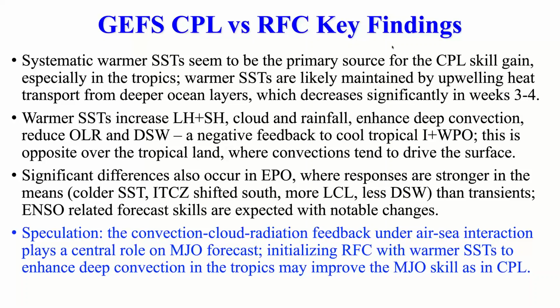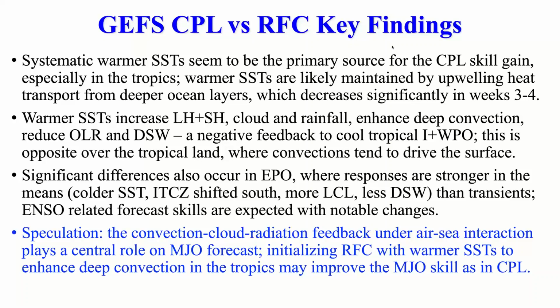However, in the changing part, like the correlation portion, the weekly correlation portion is relatively weak. So changes related to the forecast skill are expected with notable change. This is my guess, but we could do that analysis later on.